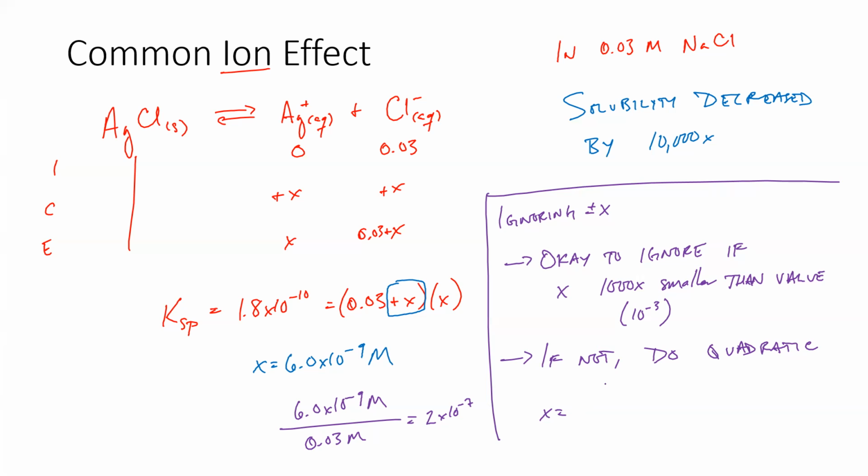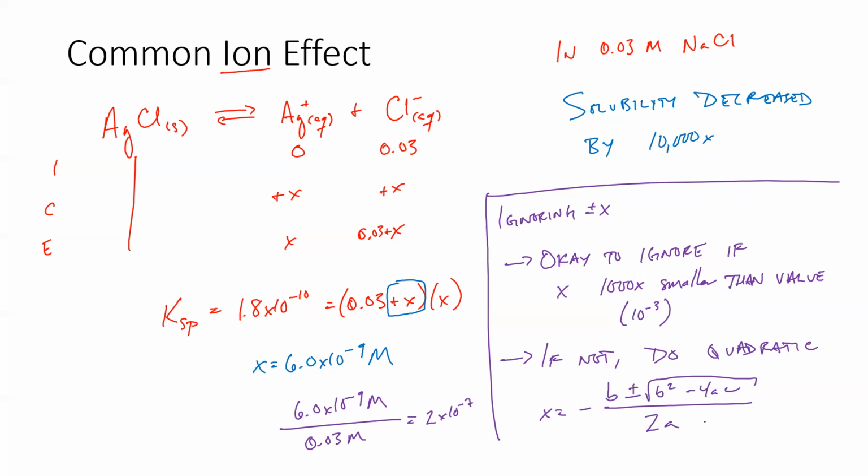All over 2a, yeah. I have a little song that I learned when I was in 10th grade or whatever. Negative b, plus or minus square root, b squared minus 4ac, all over 2a. So quadratic, there you go.